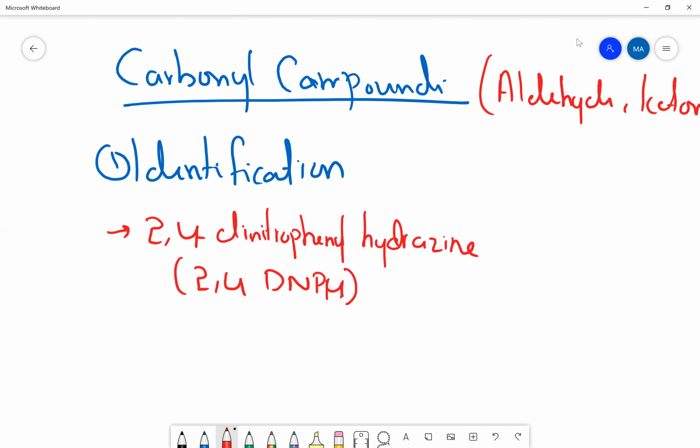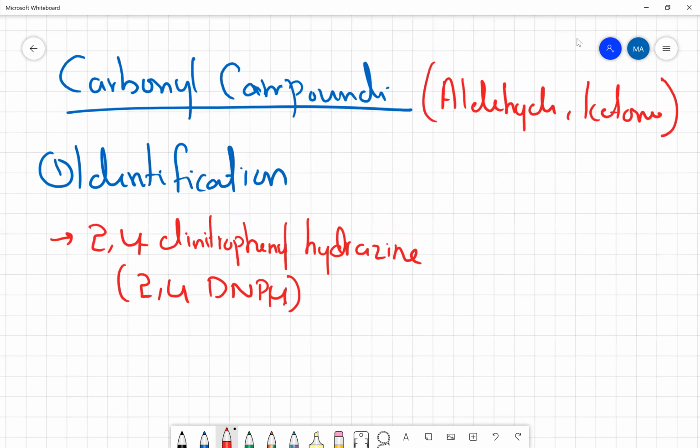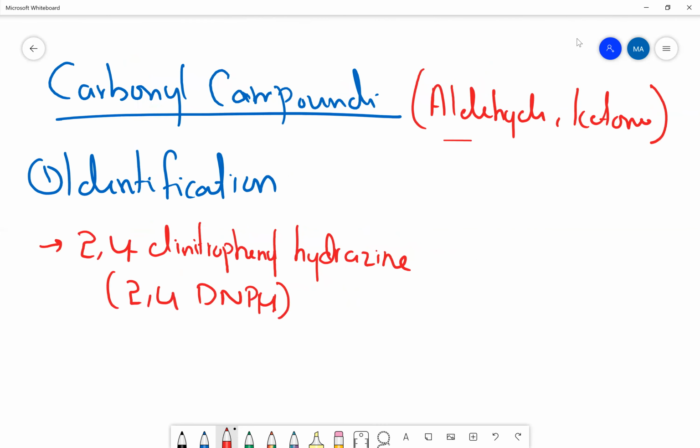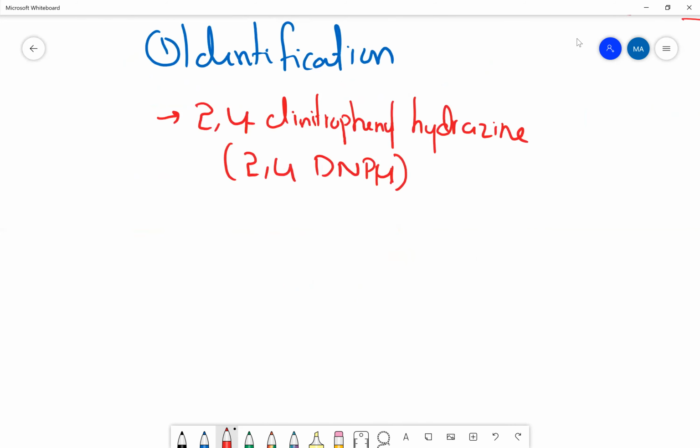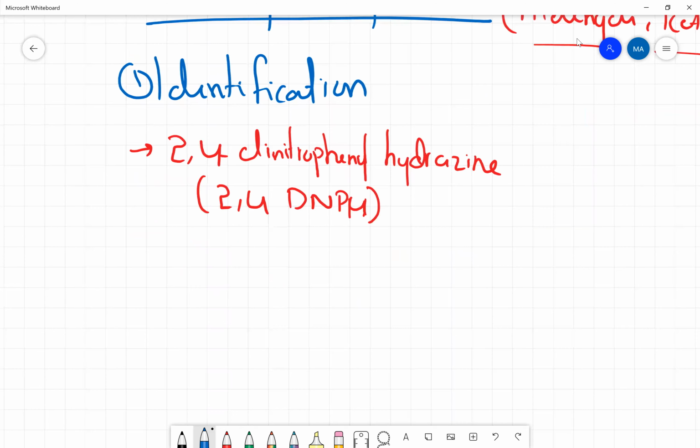So whenever a compound turns orange in the presence of 2,4-DNPH, you will know that that compound either has an aldehyde or a ketone. Once you know that carbonyl compounds are present, you then further oxidize them to distinguish between the two. So this first test is identification for carbonyl compounds in general.